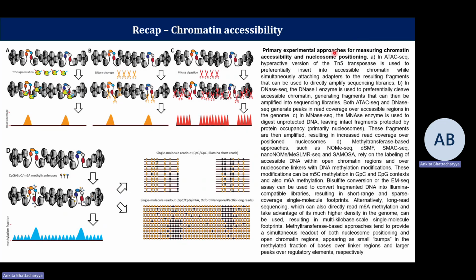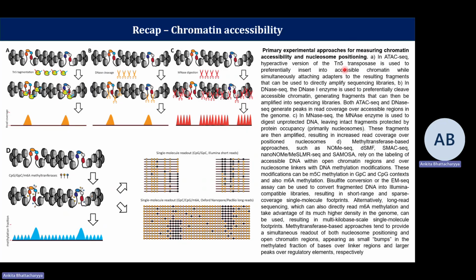The main difference is the presence of a completely different enzyme, which is a hyperactive Tn5 transposase, which stands for the T in ATAC-seq. What it can do is preferentially insert into regions of the chromatin which are open, attaching adapters to those fragments, which are then used for library sequence amplification.